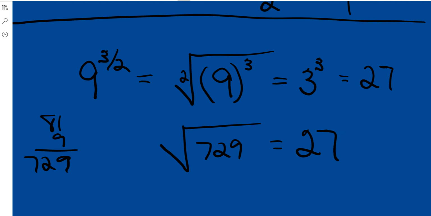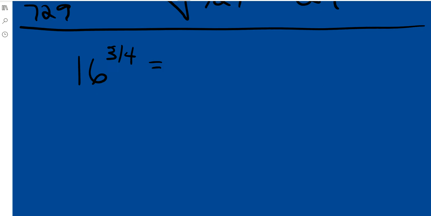Square root of 729 is 27. So we got a match, and we're good with that. Here's another one. Remember, we're just simplifying. So I'm going to read this and write it as the fourth root of 16 raised to the third power.